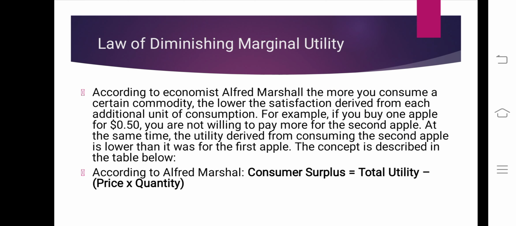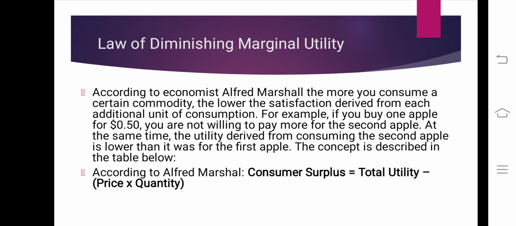So, I'm telling you regarding the law of diminishing marginal utility. Let us see what the law of diminishing marginal utility means. According to the economist Alfred Marshall, the more you consume a certain commodity, the lower the satisfaction derived from each additional unit of consumption.